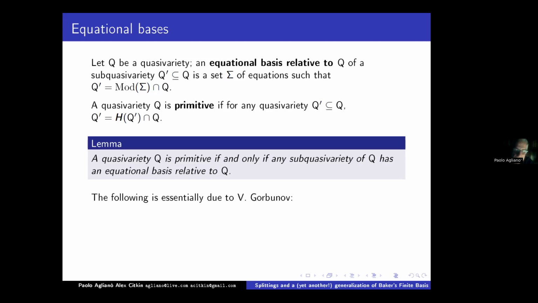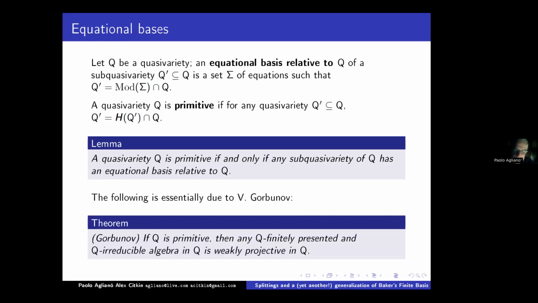But we have this famous result by Gorbunov. Actually, it's much longer than this. I just extracted what I needed. If I take a primitive quasi-variety Q, then any Q-finitely presented and Q-irreducible algebra in Q is weakly projective.